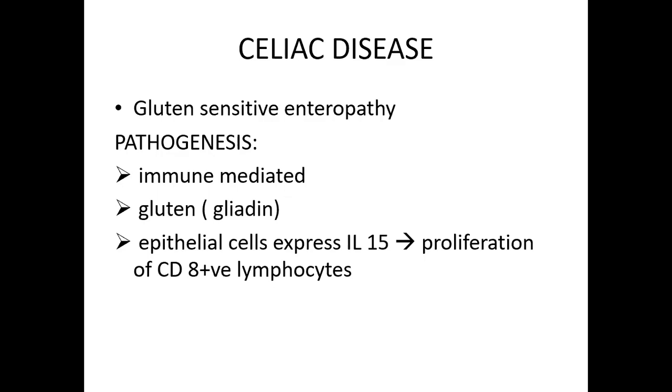So it is an immune-mediated enteropathy triggered by ingestion of gluten-containing cereals such as wheat, rye, or barley in genetically predisposed individuals. Celiac disease is an intestinal immune reaction to the gluten.